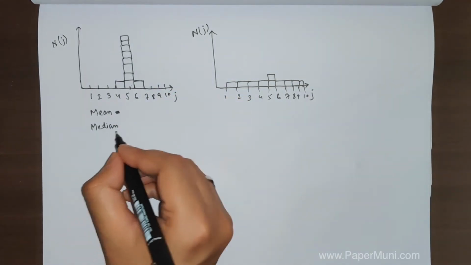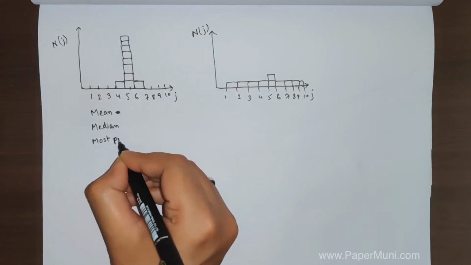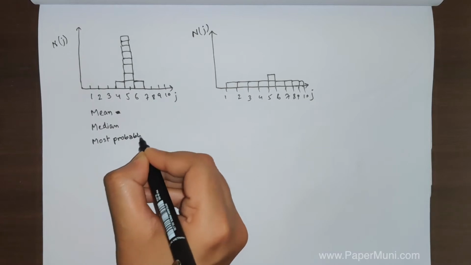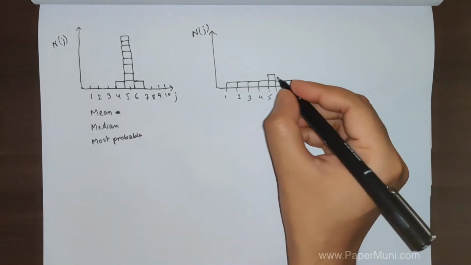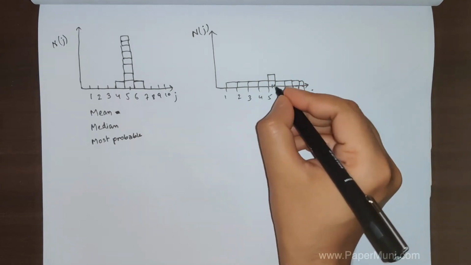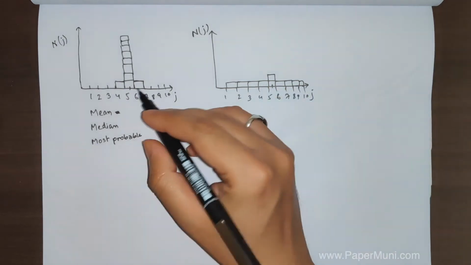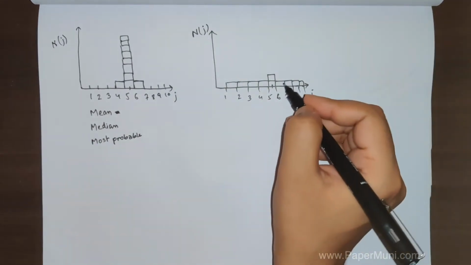So mean, median, as well as most probable value are all the same in both the graphs. In this case also, the mean lies at the same point if you calculate it, and the median is also at the same point as in the other graph.